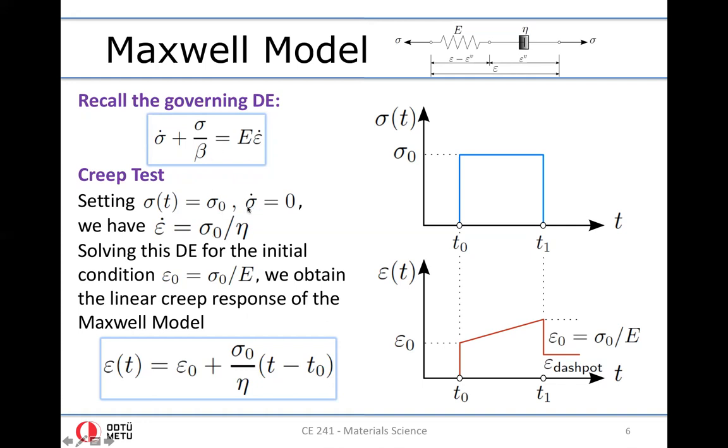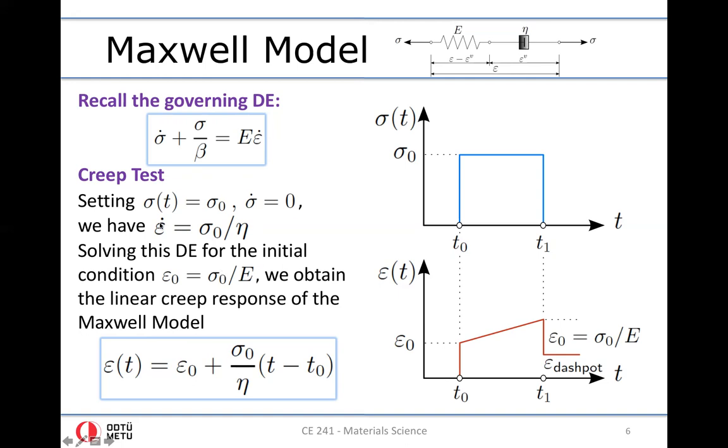When you plug this into the governing differential equation, the first term vanishes identically, and the second term on the left-hand side becomes sigma 0 over eta, which simplifies further to epsilon dot equals sigma 0 over eta. Exactly what we said: the rate of the strain between t0 and t1 is actually the rate of the viscous strain, where the elastic strain is essentially constant.